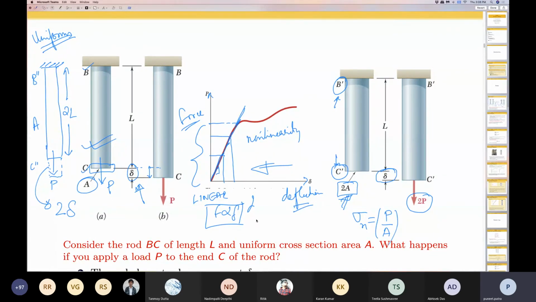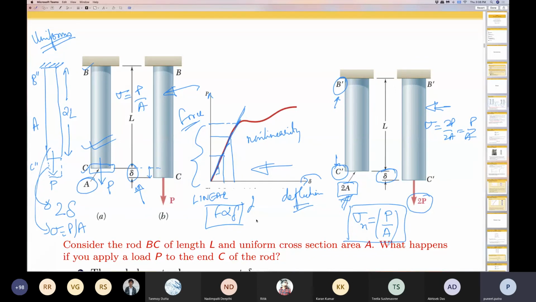So if you see in our first case, in our case BC, I have sigma is equal to P by A. In the second case, as shown in the right hand side, B dash C dash, I have sigma is equal to 2P by 2A, which is also equal to P by A. And on the third case, which is B double dash C double dash, I have again sigma equal to P by A. So irrespective of the area, if I plot instead of the force, I plot the quantity normal stress, then I am able to find out a quantity on the y-axis which is independent of the geometrical parameter cross-sectional area.